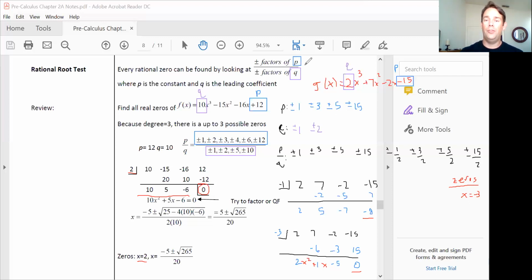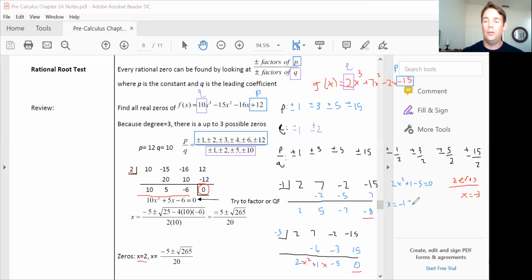But the best part about this is once I go from a cubic, I'm now down to a quadratic. So friends, I could try to factor it. I could use the quadratic formula. I could use completing the square. It's really on you. I'll use the quadratic formula. So x equals negative b plus or minus the square root of b squared minus 4ac, all over 2a.